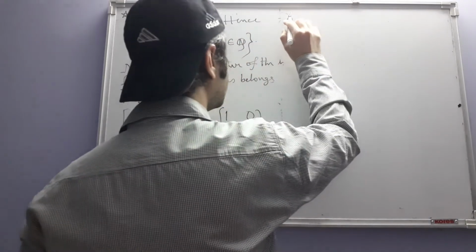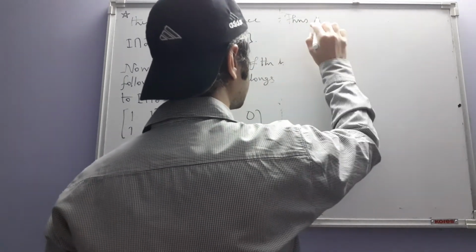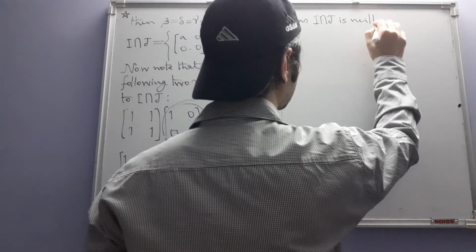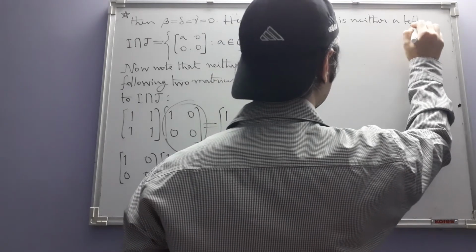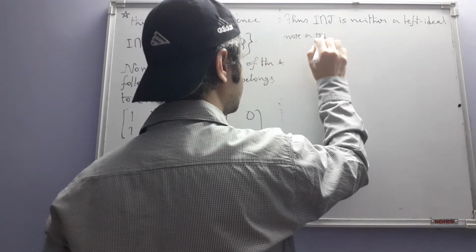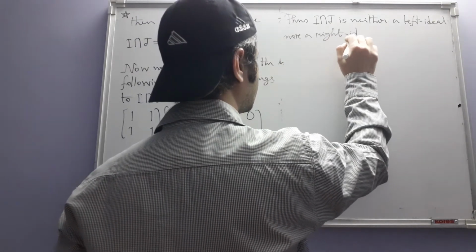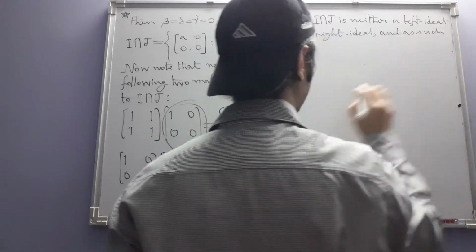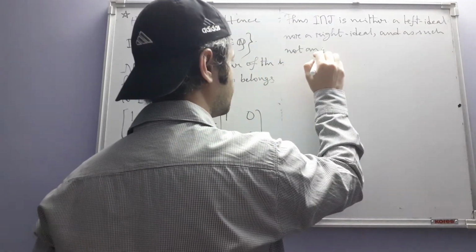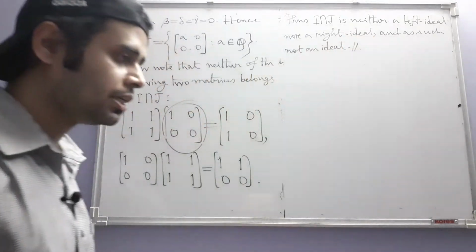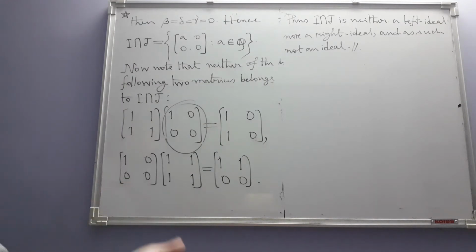Thus I intersection J is neither a left ideal nor a right ideal, and as such not an ideal. So that's what we can say about the intersection of a left and a right ideal, that we can't really say anything in general.